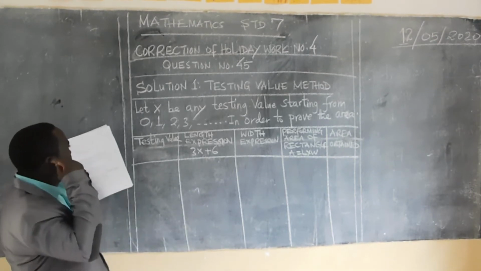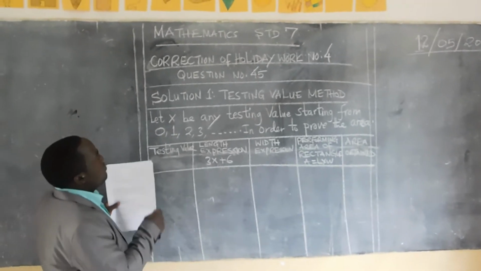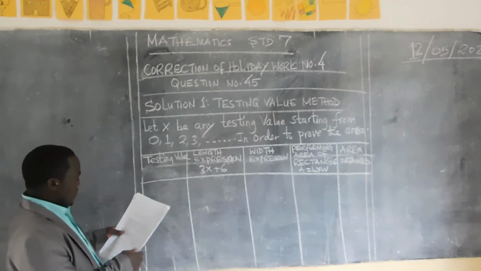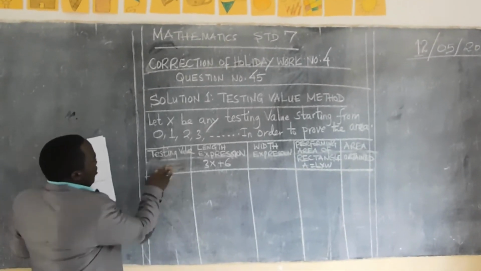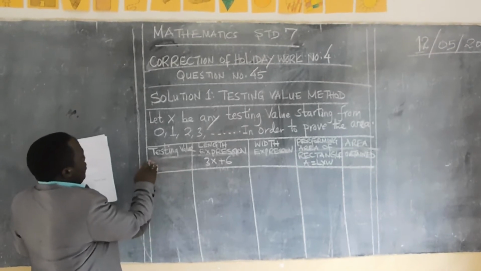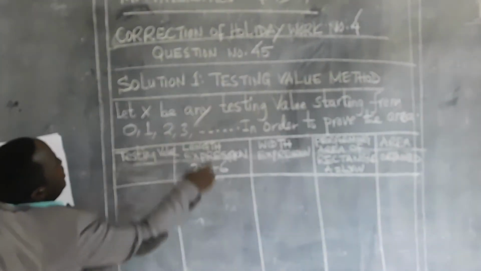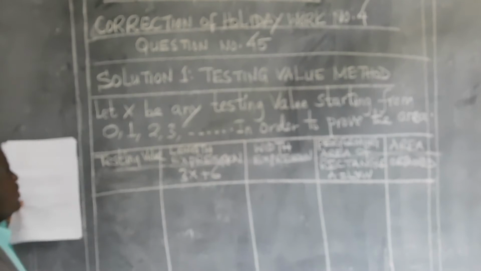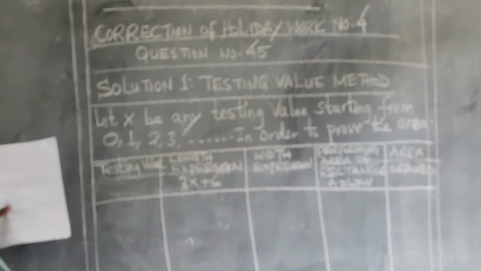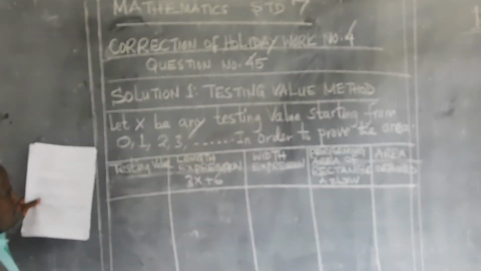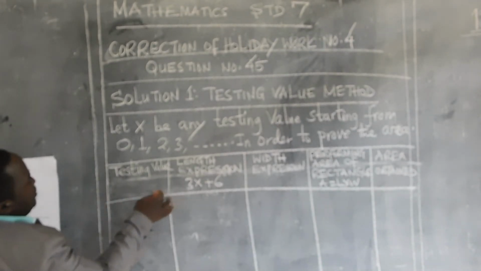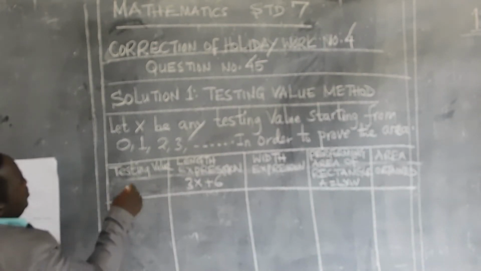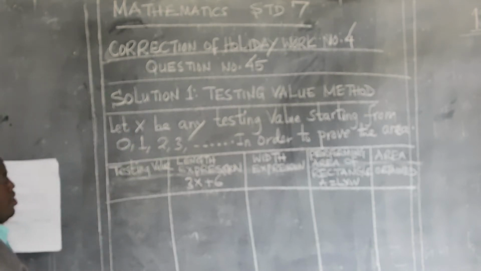So how shall we get the length and width? We have to find the value of x. The value of x can be obtained in two ways: the testing value method, and the other method, the factorization method. Therefore, I start with solution number 1.